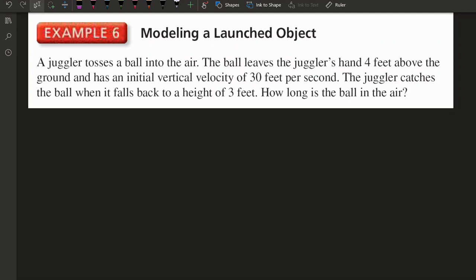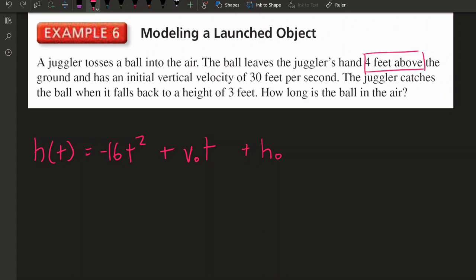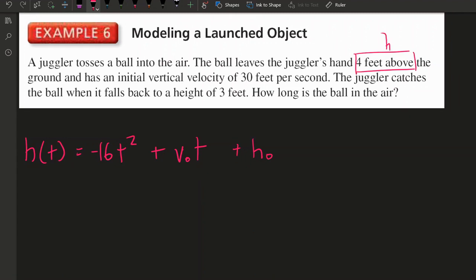Okay, so again, let's write down that formula. Height as a function of time is equal to -16t squared plus initial velocity times t plus initial height. I see right here that it is starting at 4 feet above, so that would be the initial height.